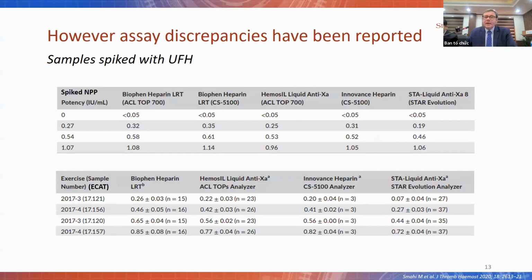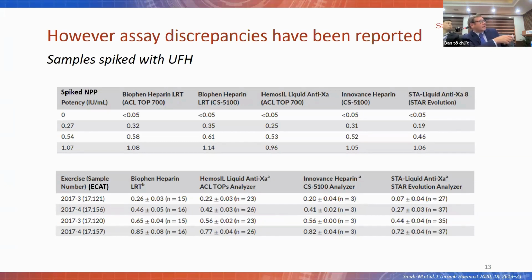However, some differences across the different assays have been reported in recent years, because we could suppose that the test is very well standardized, as you have an international standard and dedicated quality controls.